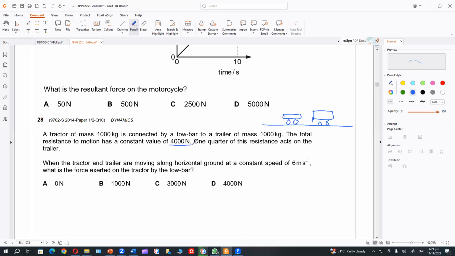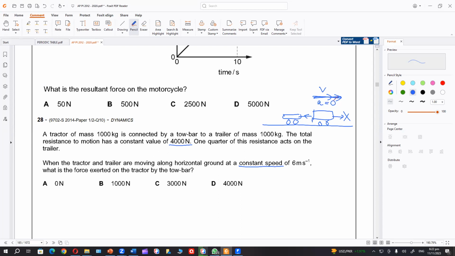When the tractor and trailer are moving along horizontal ground, now it's a very important thing, speed is constant. Speed constant means forward force is equal to backward force. There is a tow bar, so I connect the tow bar and it has this tension. This is my forward force. This combination is going forward with constant velocity and zero acceleration.